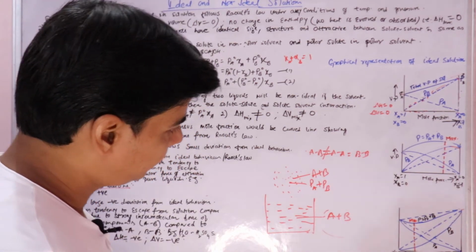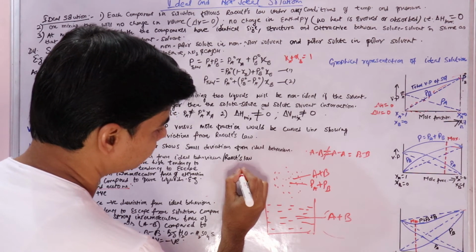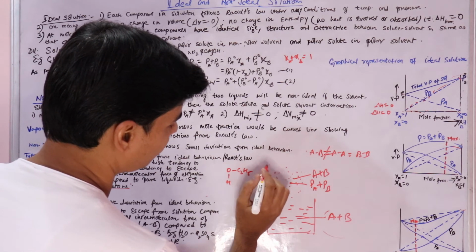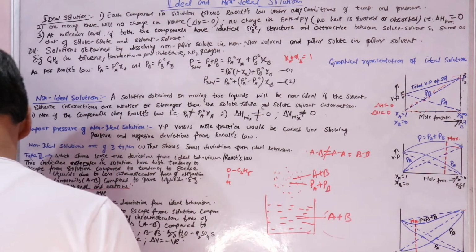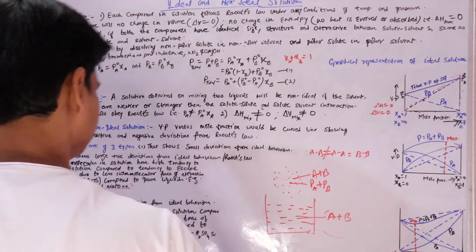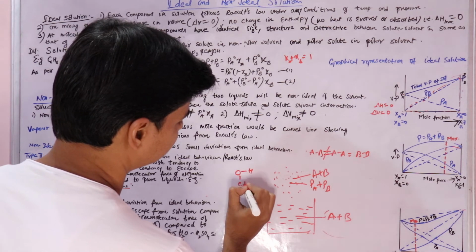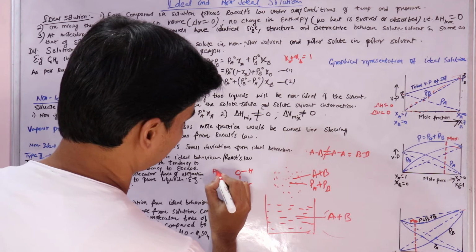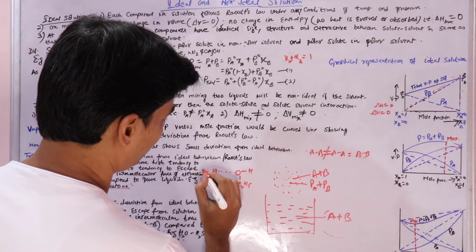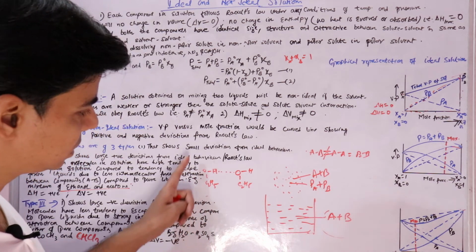We know that ethanol is C2H5OH. This is an ethanol molecule.